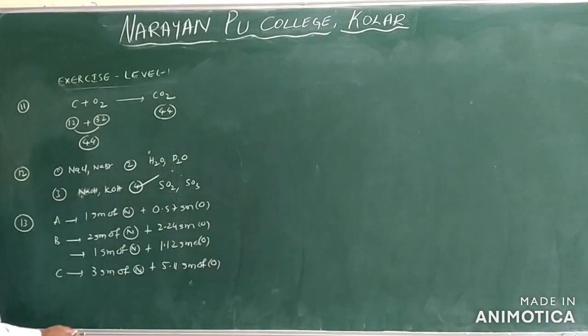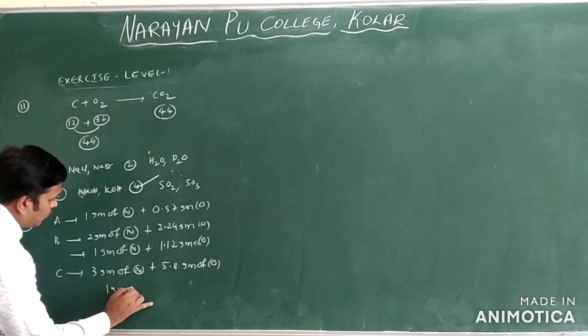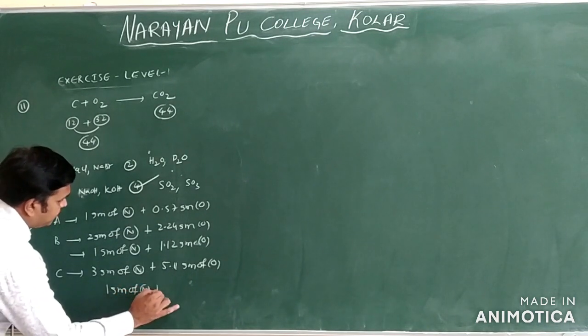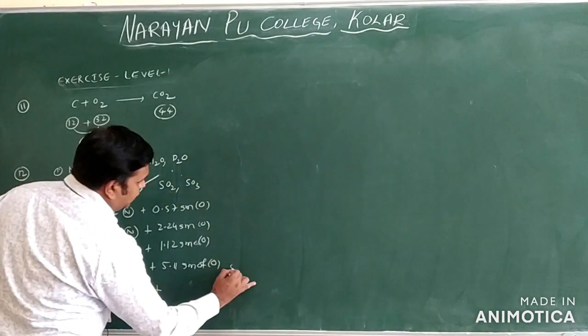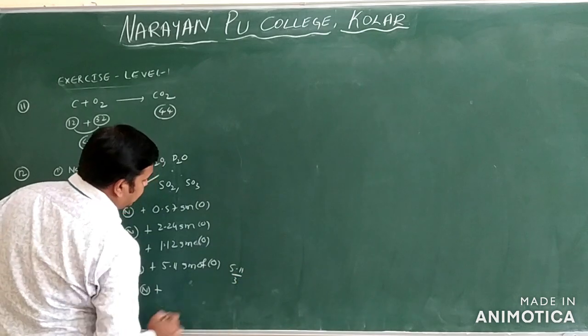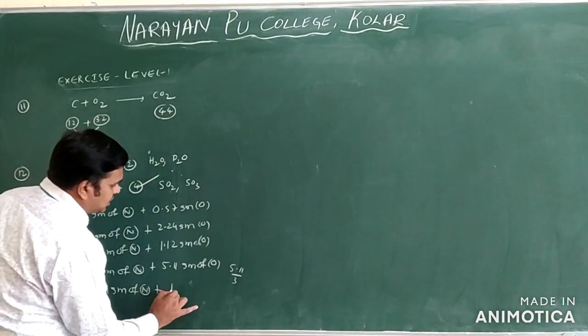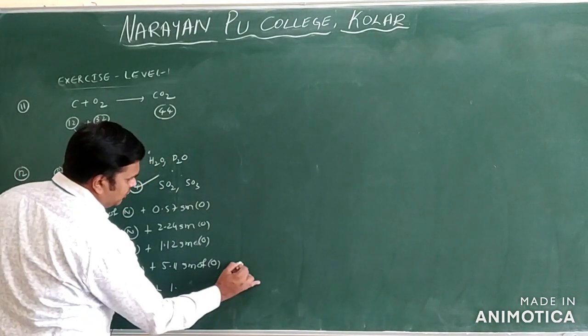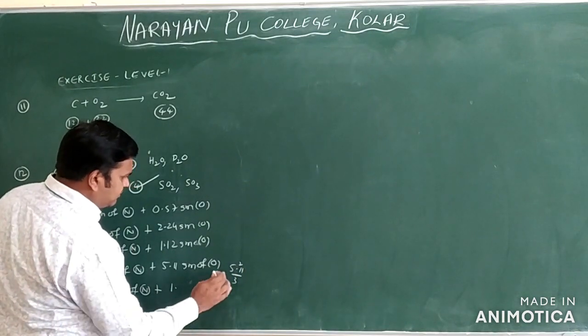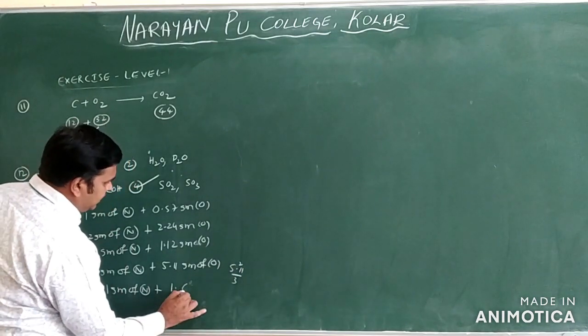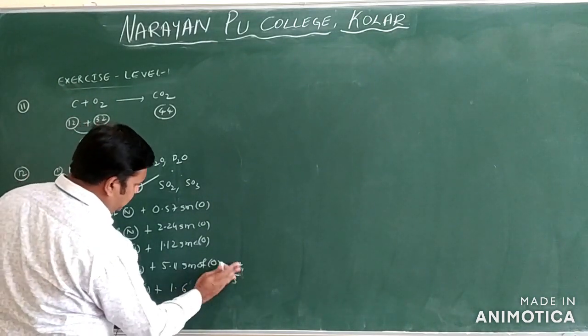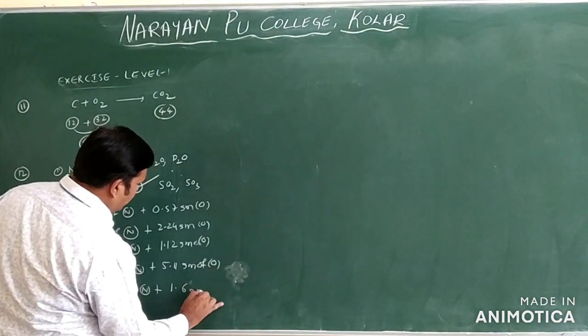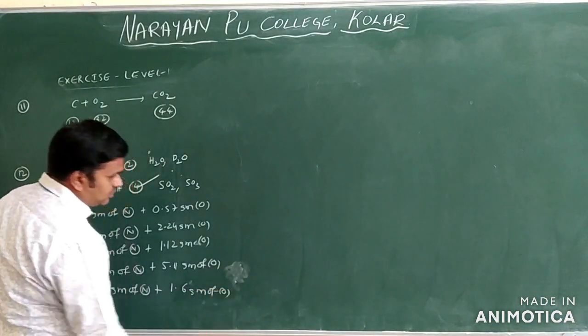This one also I want to simplify by dividing the equation by 3 only. I will get 1 gram of nitrogen, that is 3 by 3, plus 5.11 by 3, which approximately is 1.6 grams of oxygen only.